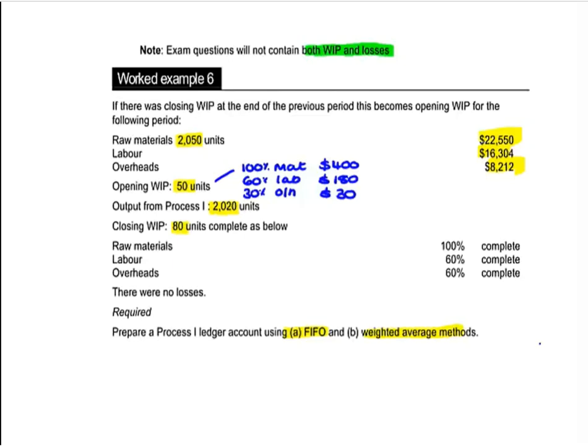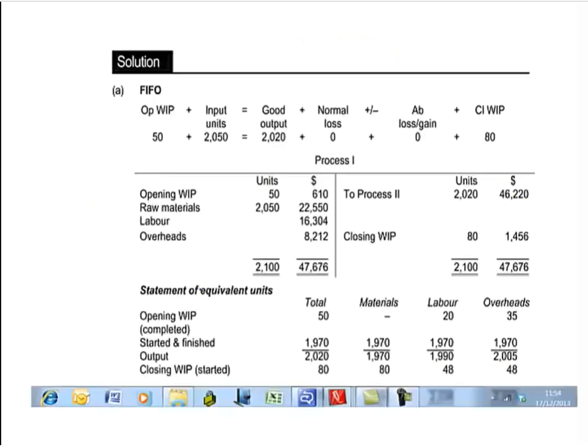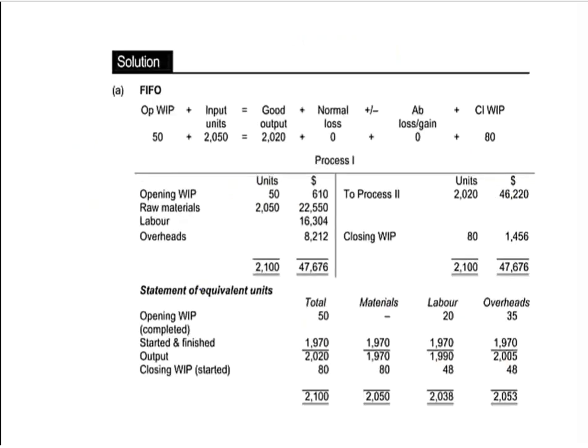You should be able to see straight away then that the output comes to 2,100 and the input also comes to 2,100. So our flow of units balances, and we'd expect that because we're told that there were no losses during the period. We've just got the flow of units calculation over the page.